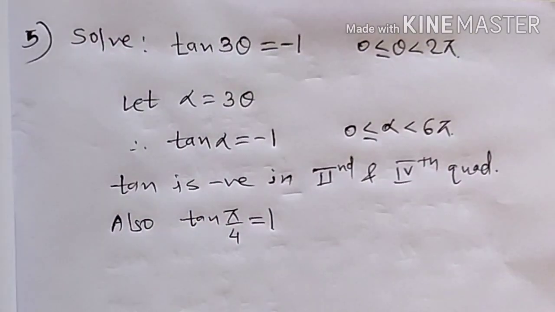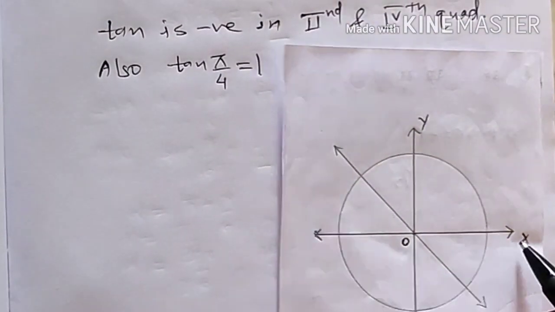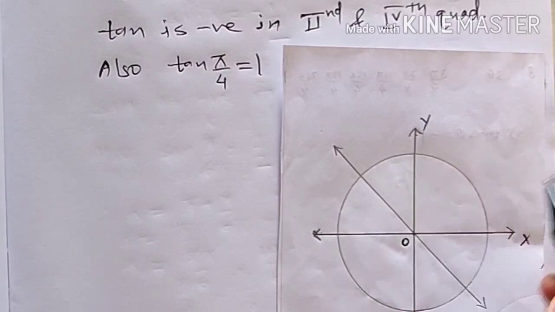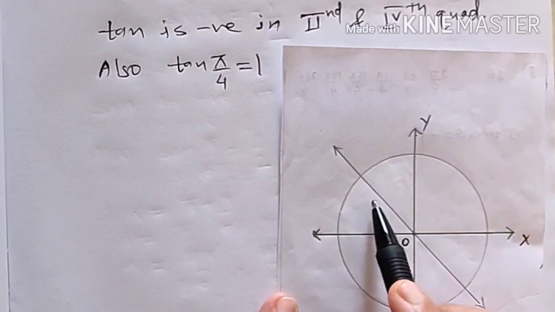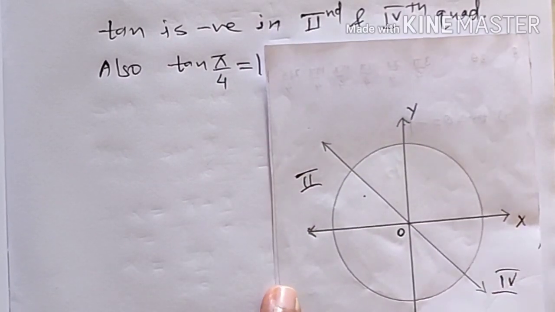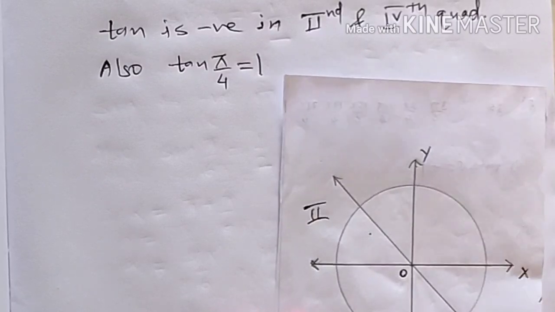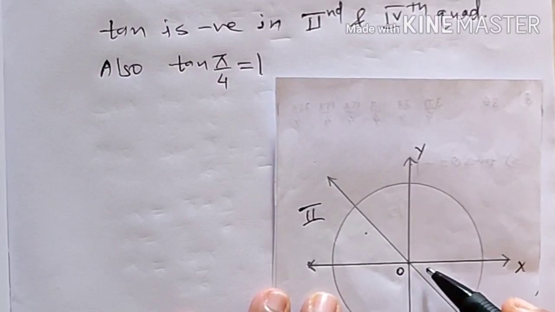So let's use all this. X-axis, y-axis, so we have these quadrants. Tan is negative in the second and in the fourth quadrant, and tan of pi by 4 is 1. So we know that this particular angle is pi by 4.